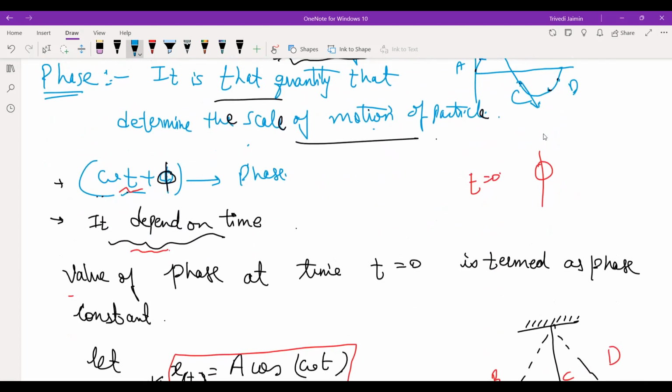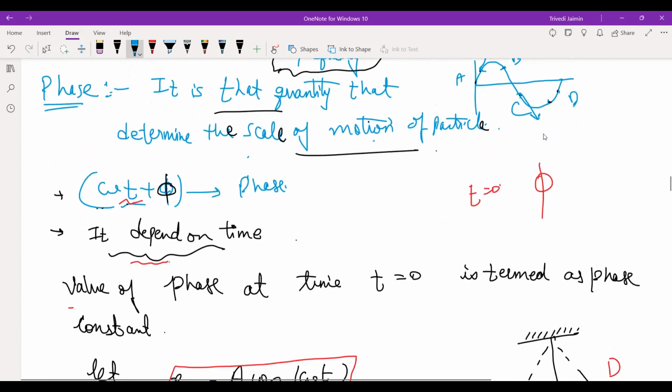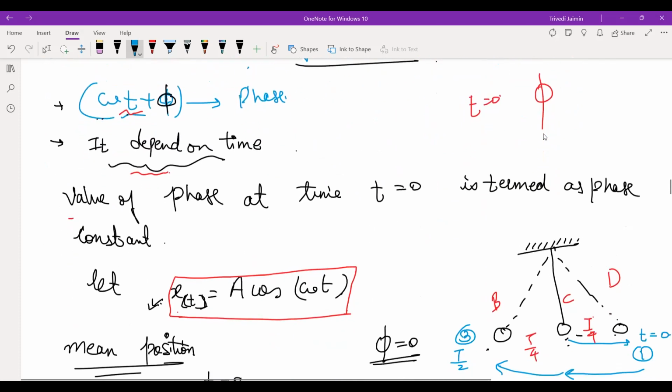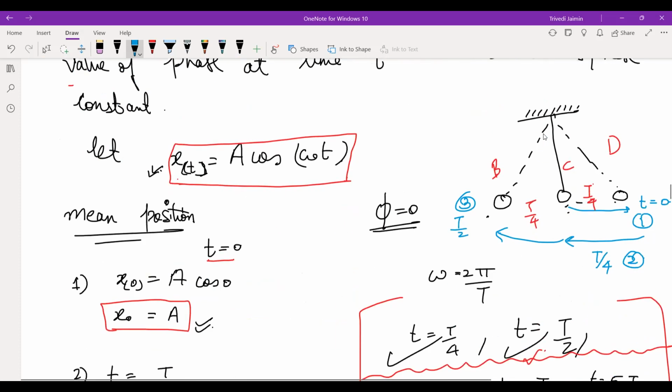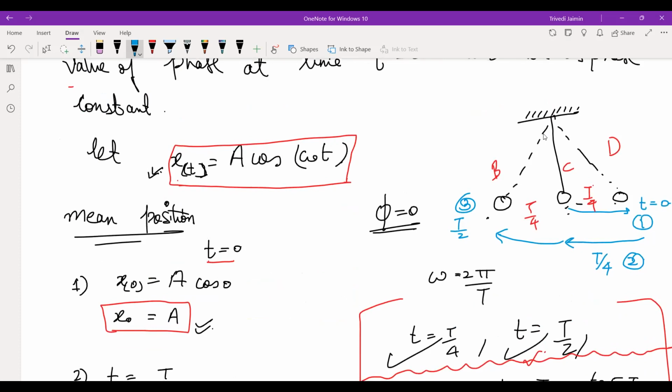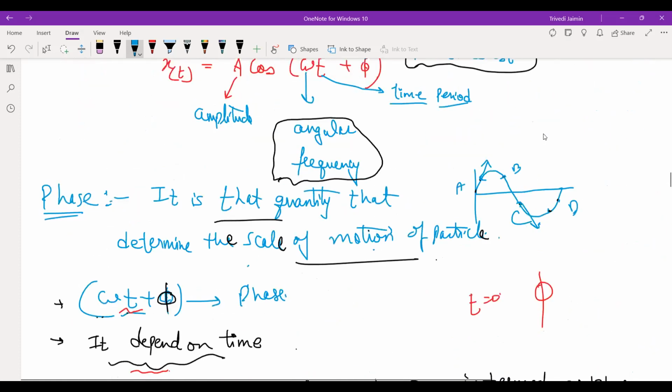So this is also time dependent; it varies with time. This whole thing we don't need, I think. Let's do some numericals with that.